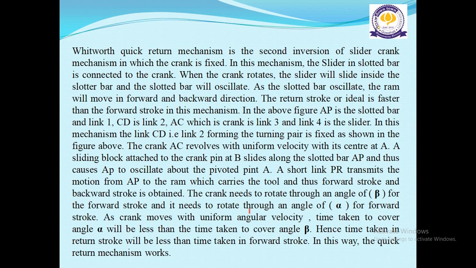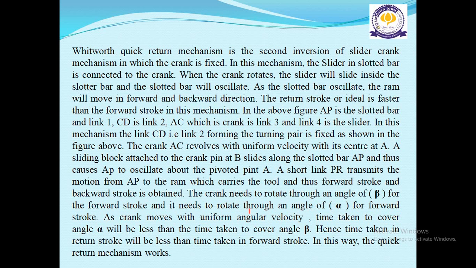Okay, so let us go to the explanation part of this Whitworth quick return mechanism. Whitworth quick return mechanism is the second inversion of slider crank mechanism, in which the crank is fixed here. In this mechanism, the slider in slotted bar is connected to the crank. So when the crank rotates, the slider will slide inside the slotted bar and the slotted bar will oscillate.